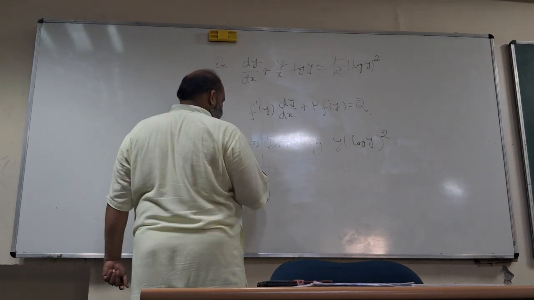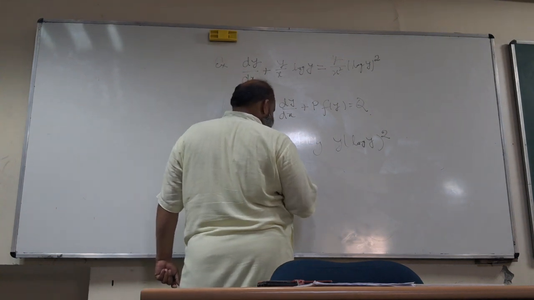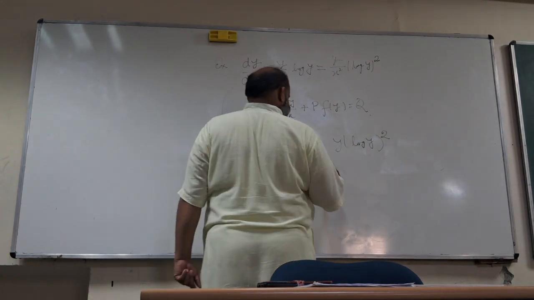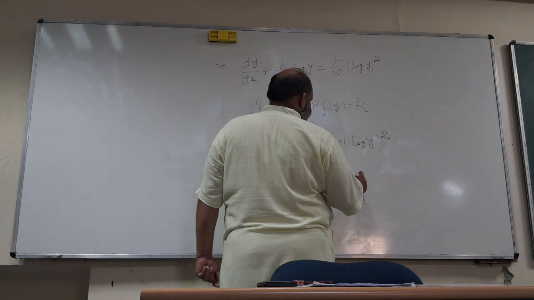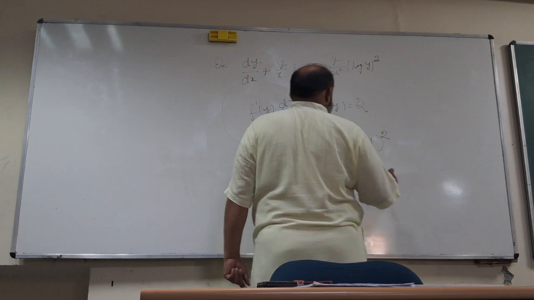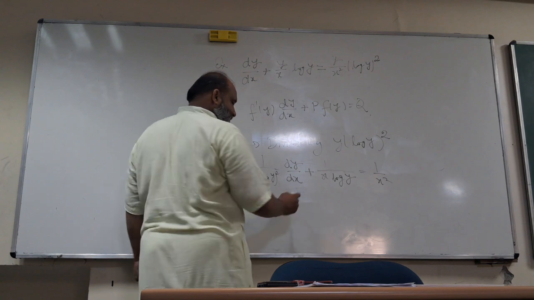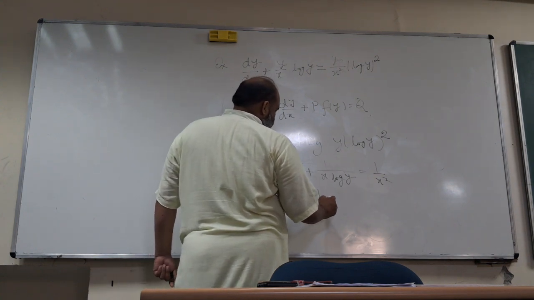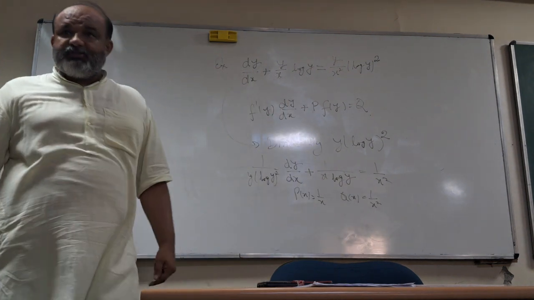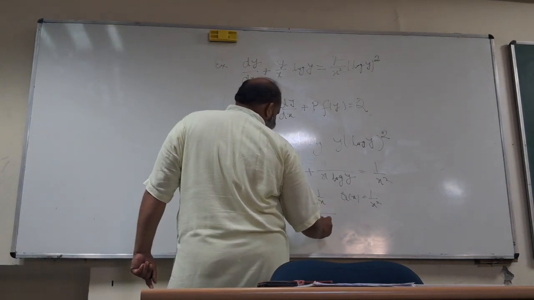Then I shall have 1 upon y log y all square dy upon dx plus 1 upon x log y, and this will be equal to 1 upon x square. Is it okay? So let me make a comparison. Here p of x is equal to 1 upon x and q of x is equal to 1 upon x square. Is it okay? So you need to put t is equal to 1 upon log y.